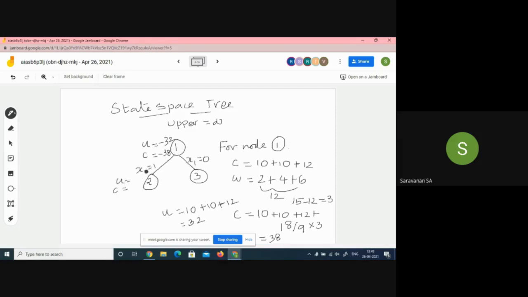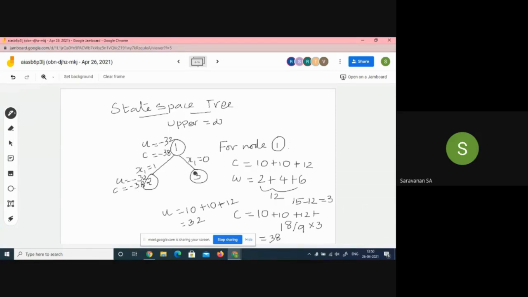Here I am including x1, so the same value is going to be taken. I mean the U value is only minus 32 because I am including x1. For C also it will be the same. I am including x1 here, right? If I am not including x1, then the cost will change, right?